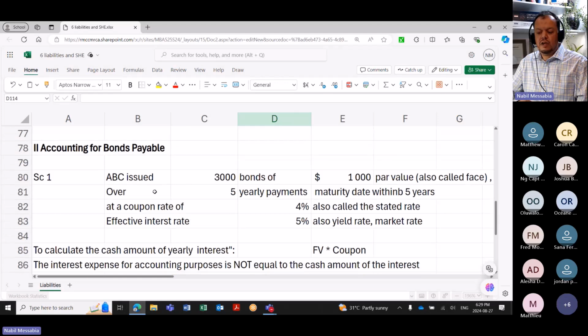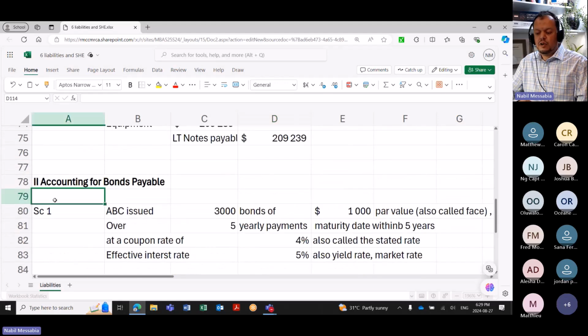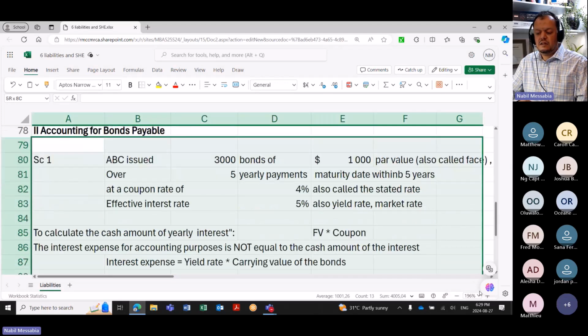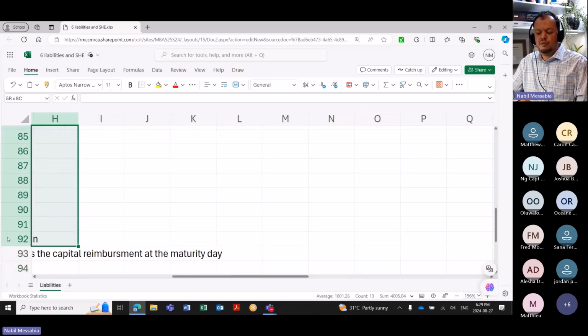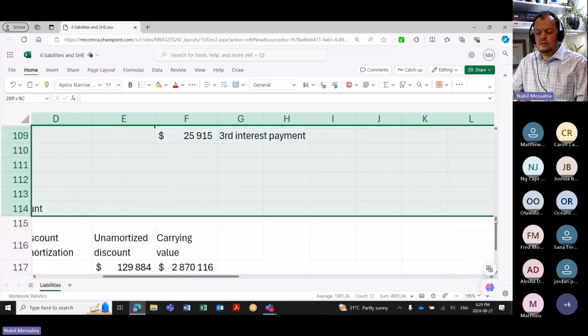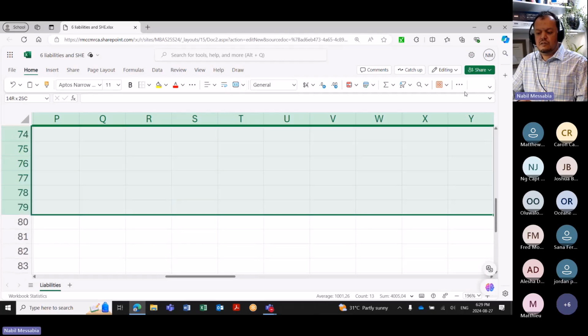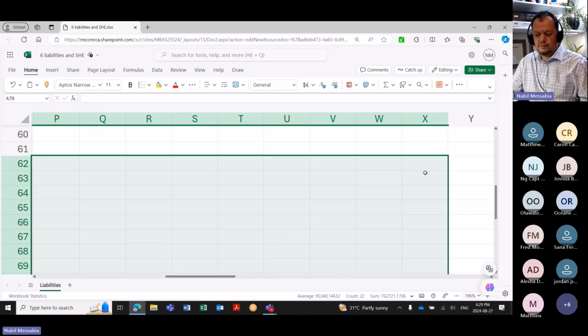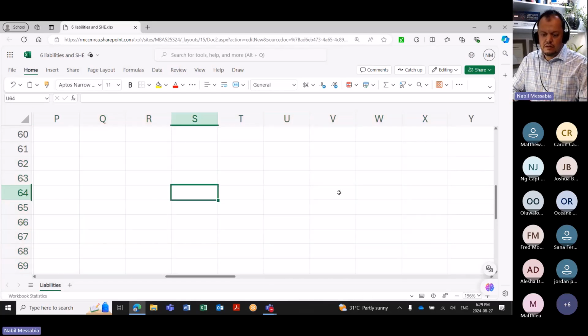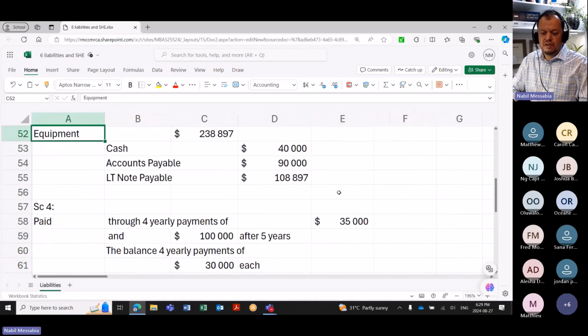If you like, what we can do, if we copy quickly all of these and change it with a premium, we won't make a lot of changes, as you can see. What if it was a premium, not a discount?